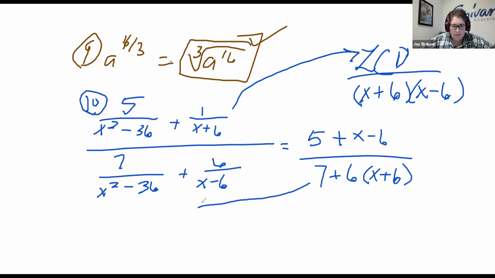So we end up with 5 minus 6 will give us a minus 1. So x minus 1 over 7 plus 6x plus 36.